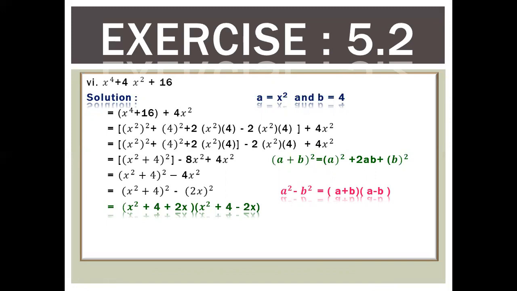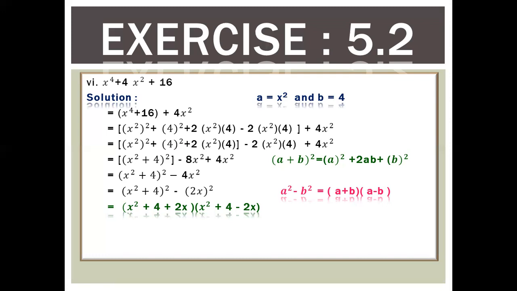When you have three terms in the question, always combine those two terms of which we can take the square. But in this case, you see 4x² is also the square of 2x and 16 is the square of 4. But in this type of question, we need the power of the variable to be 4, not the square.